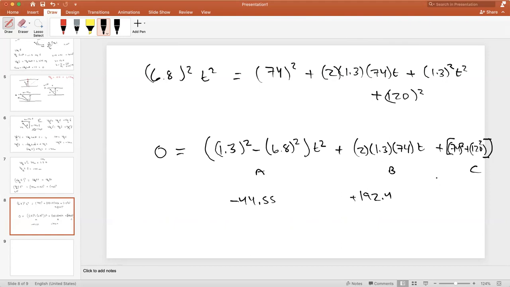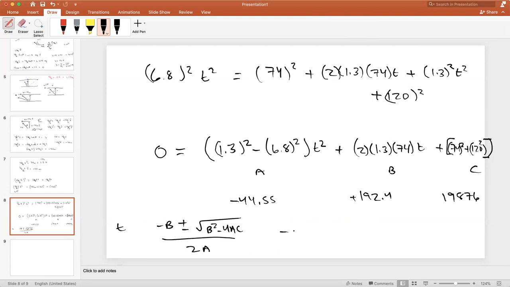And finally, 74 times 74 plus 120 times 120 gives me 19,876. Now remember, t is going to give me two values, but I put in minus B plus or minus the square root of B squared minus 4AC, over 2 times A.